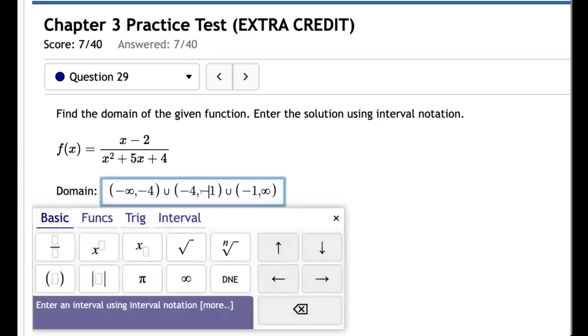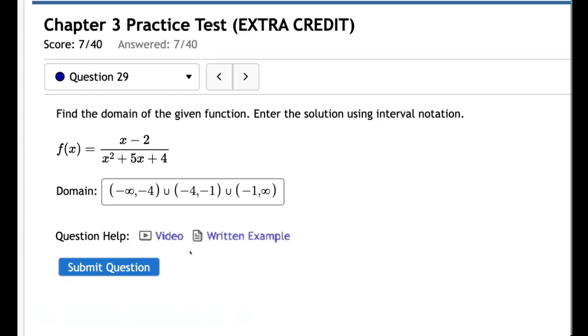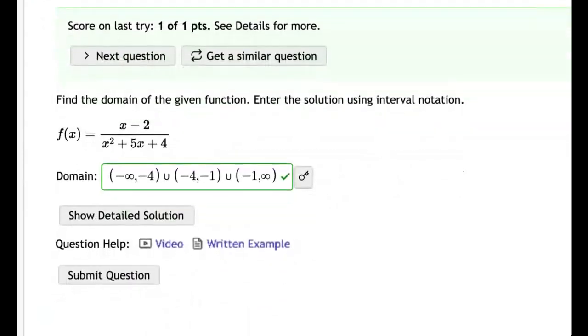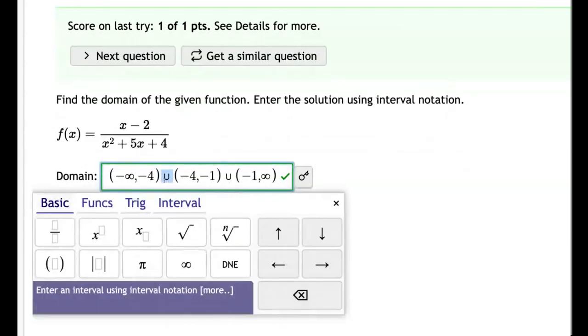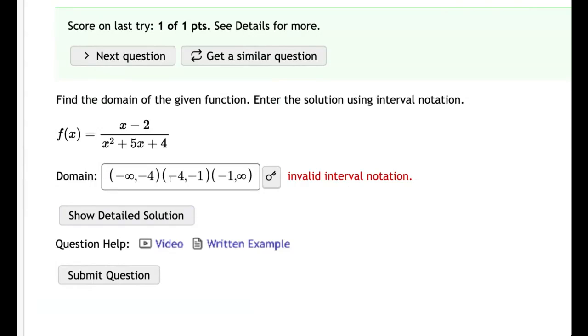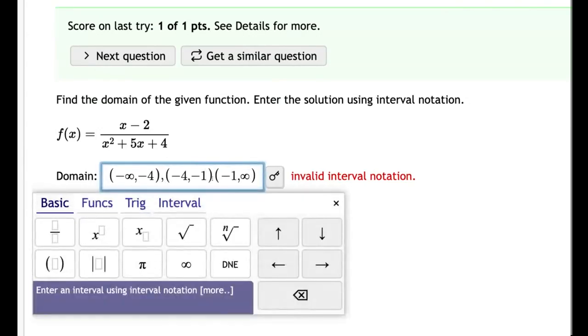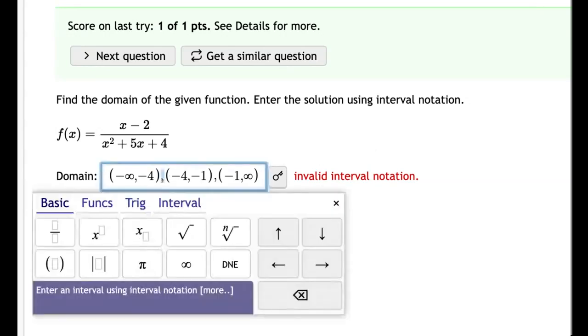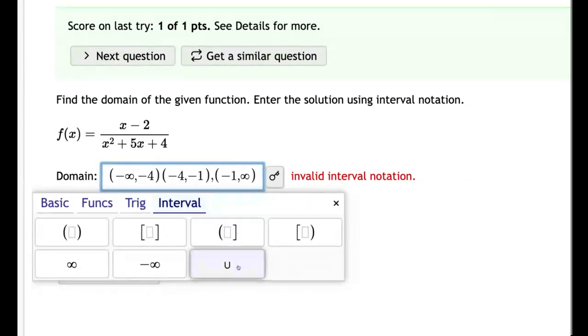Oh, thank you. Is that good? Boom. Yeah, so if you didn't put the U in, it would say invalid interval notation. Even if you put commas, I know a lot of people try to put commas, it will tell you that on there. Just leave it as your U.